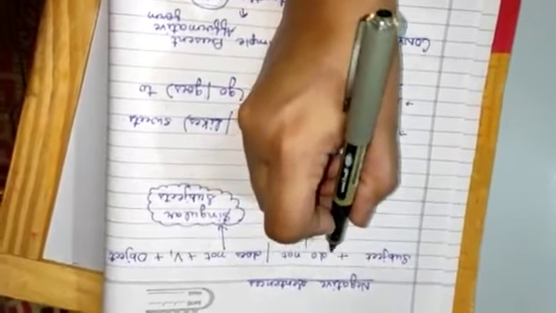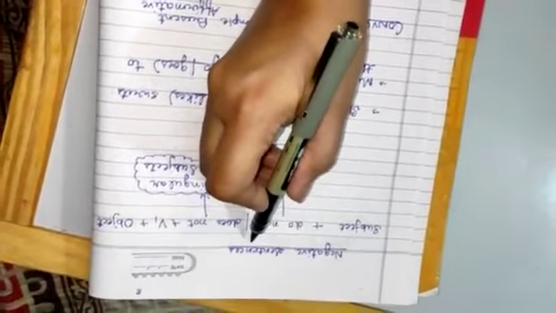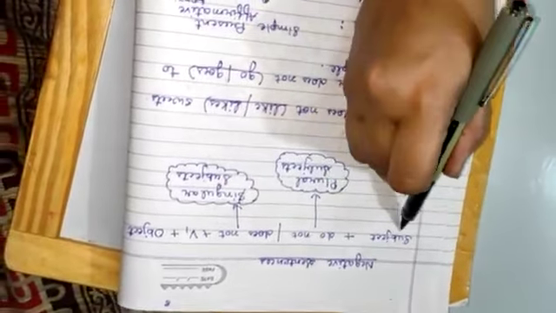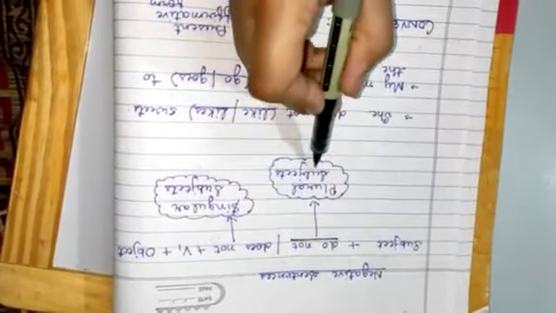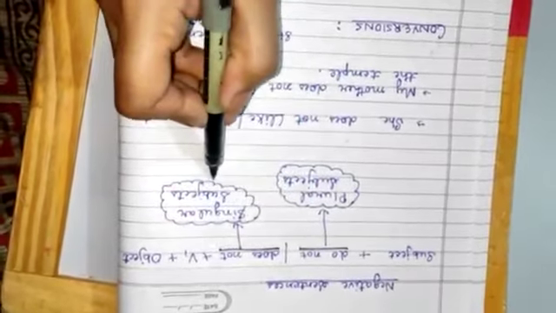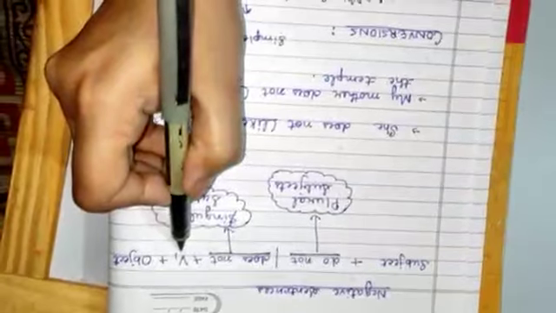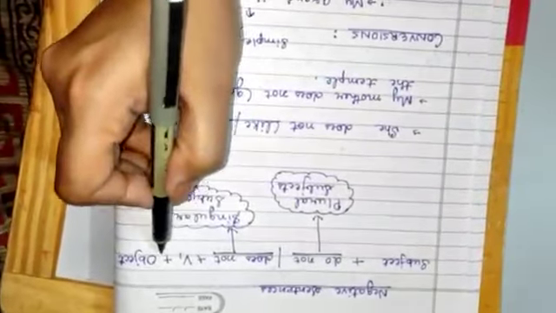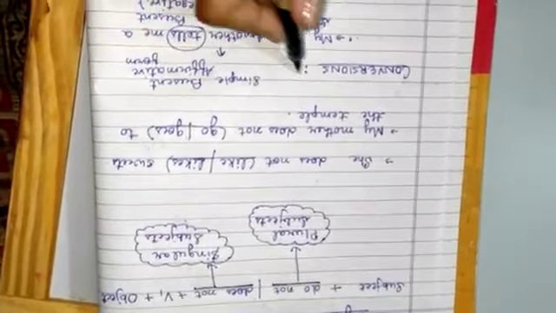So, the structure of negative sentences in simple present tense is subject plus do not with plural subjects and does not with singular subjects plus first form of verb, that is V1, plus object.